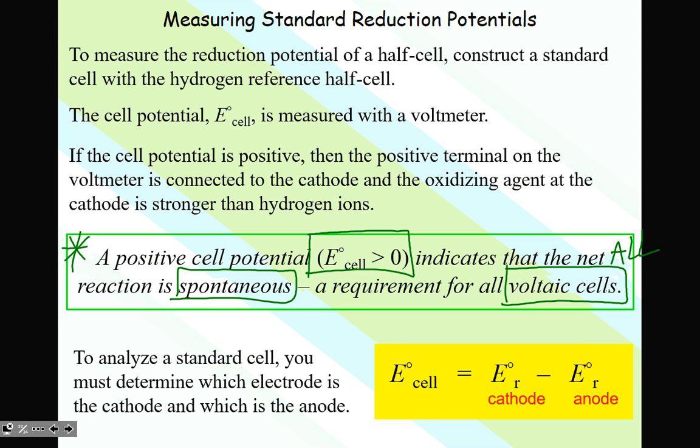To analyze a standard cell, you must determine which electrode is the cathode and which is the anode, which you already know how to do because you just look for your SOA and your SRA, and you use this formula. You take the reduction potentials at the cathode and at the anode and subtract the anode from the cathode.